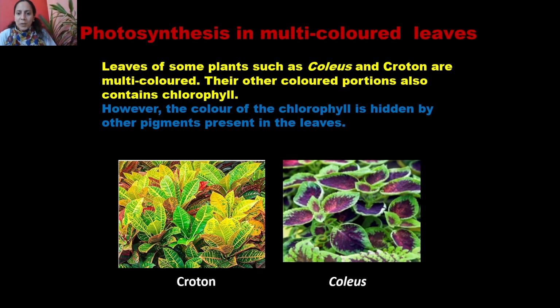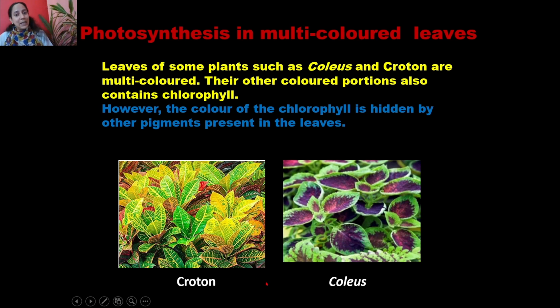These are complicated terms for you, but they are present and they are giving different colors to the leaf. But chlorophyll is present in only the green part. A few pigments of chlorophyll can also be present in the variegated part, the colorful part, but the amount is very less. So let's see, if such a leaf is used to demonstrate which part is doing photosynthesis and which is not, what will be the observation.